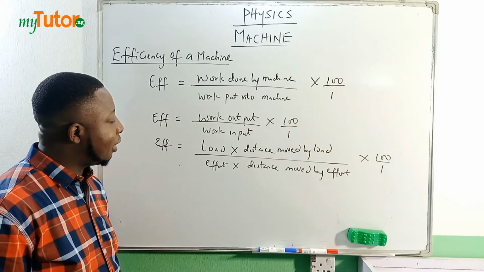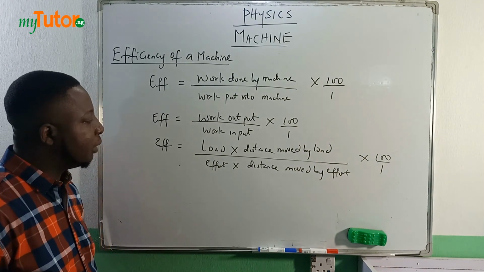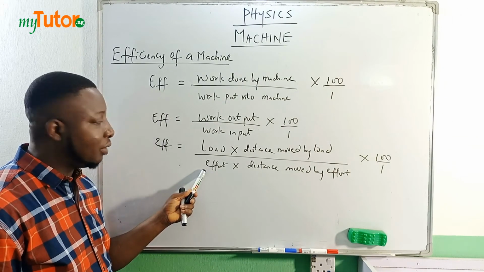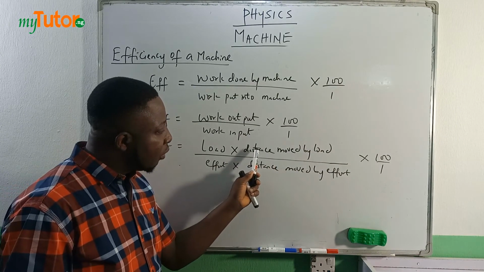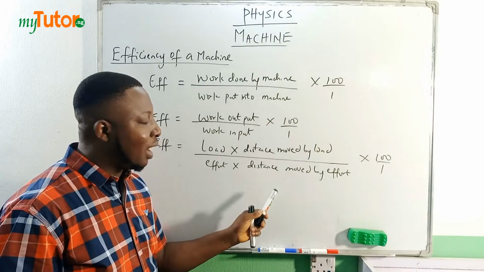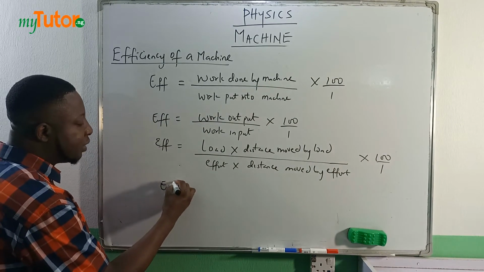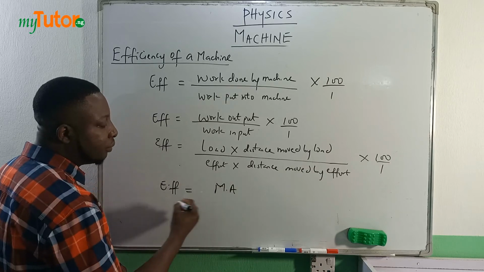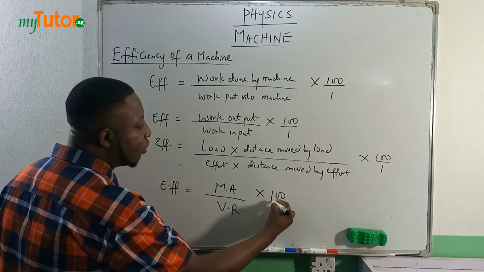So that's our efficiency. And when we look at this last formula, we can see that load over effort is our mechanical advantage, and distance moved by the effort divided by distance moved by the load is the reciprocal of our velocity ratio. Therefore, we can now say that our efficiency is equal to the mechanical advantage of a machine divided by the velocity ratio times 100 over 1.